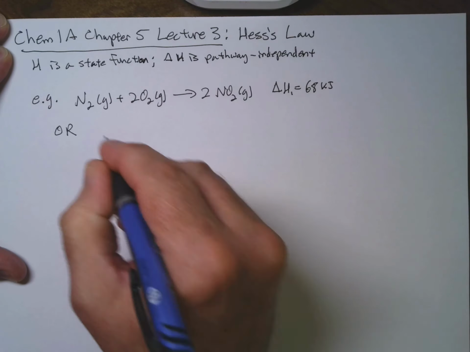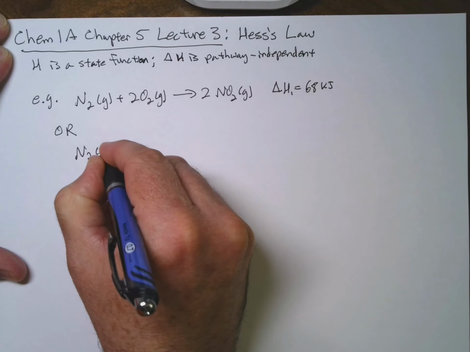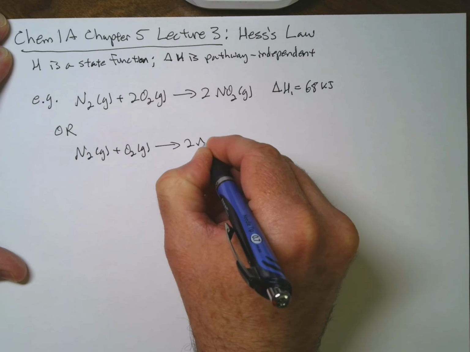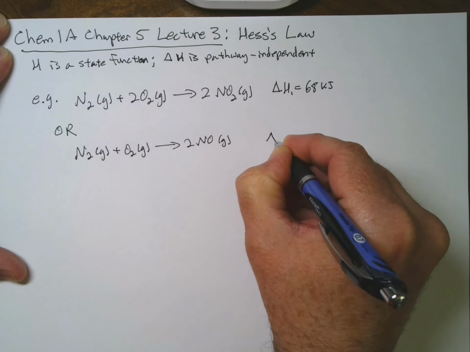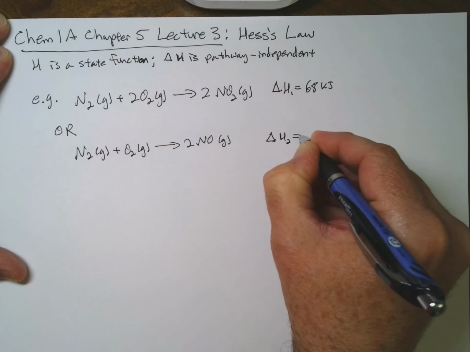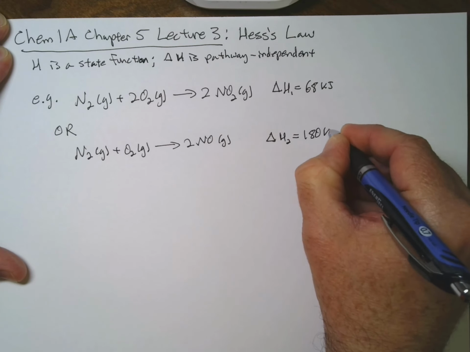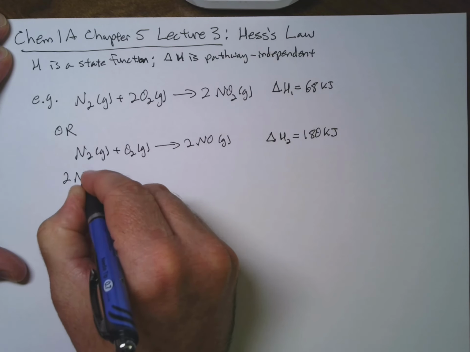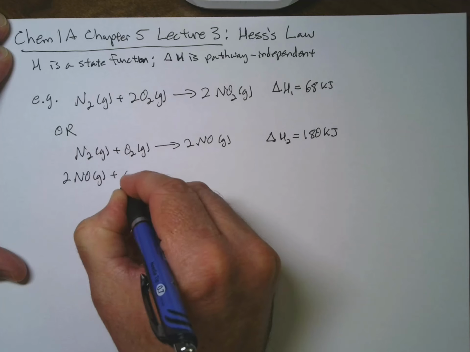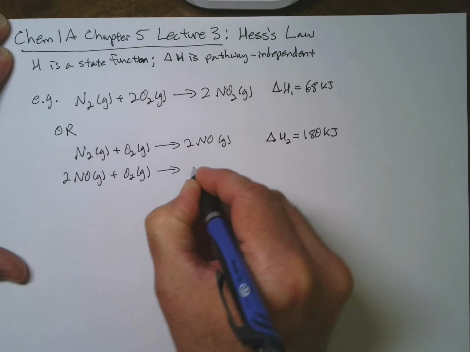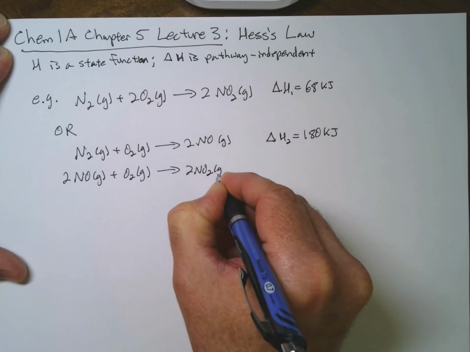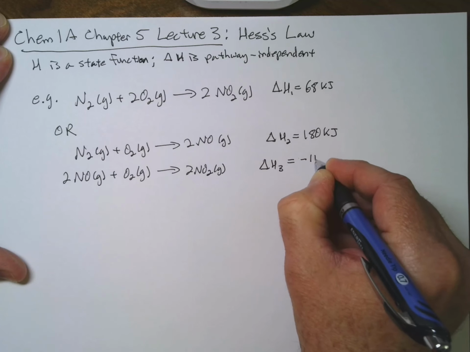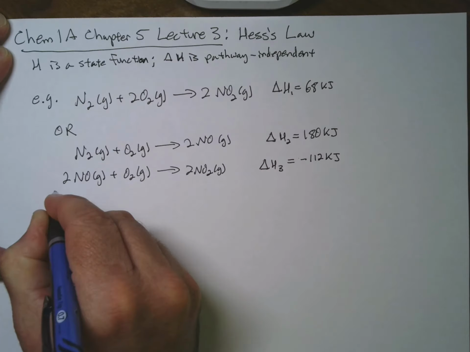Or what if we wrote N2 gas plus O2 gas reacts to give 2NO gas, we'll call it delta H2, so delta H for this reaction is 180 kilojoules. And then a second reaction is 2NO gas plus O2 gas reacts to give 2NO2 gas, delta H3 equals minus 112 kilojoules.